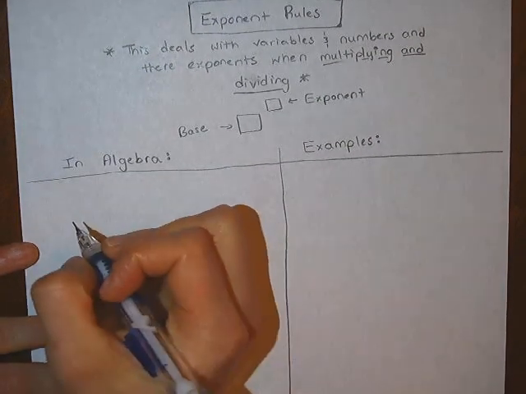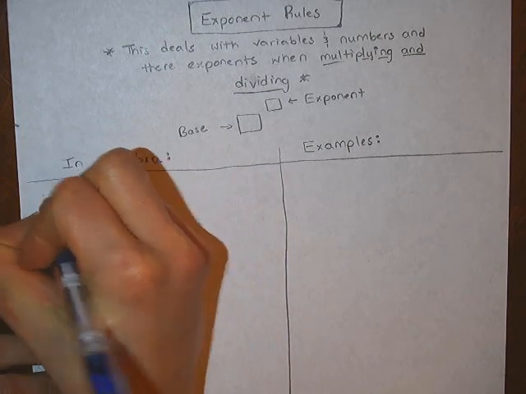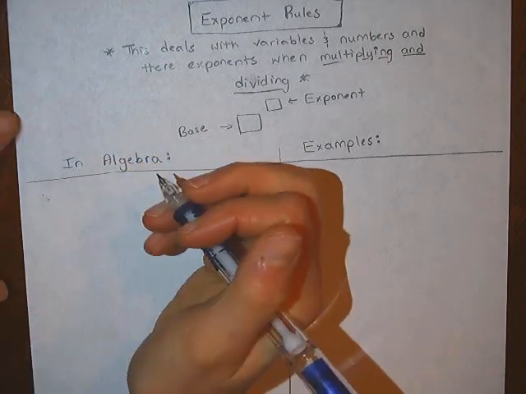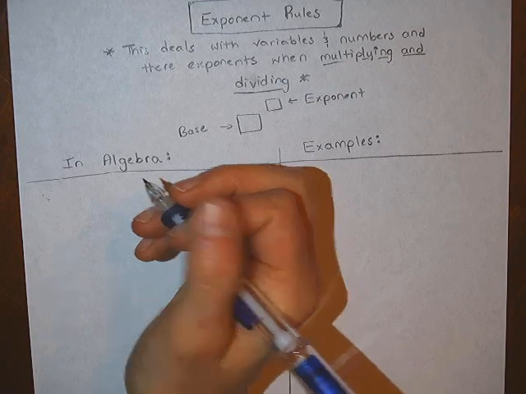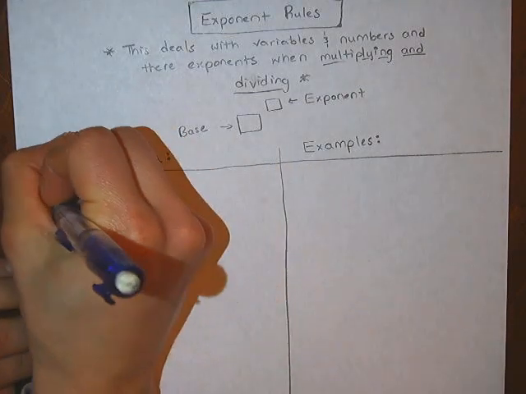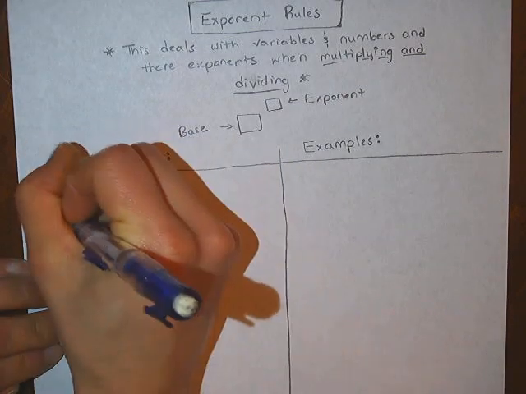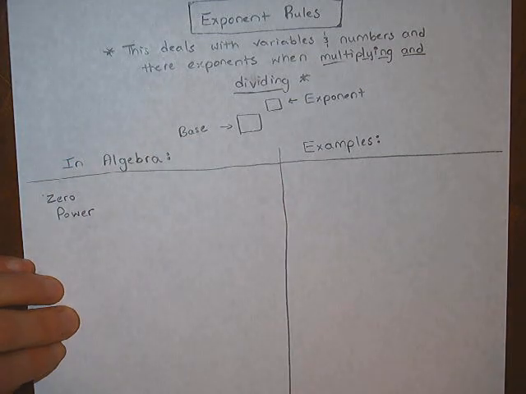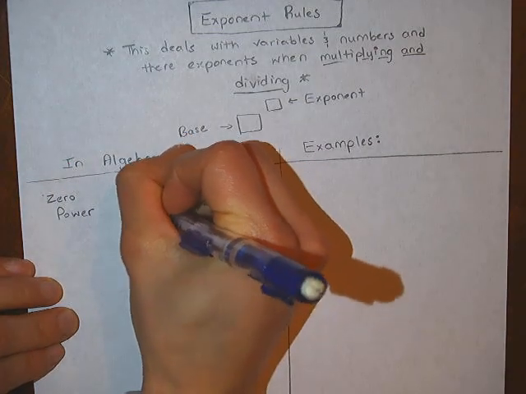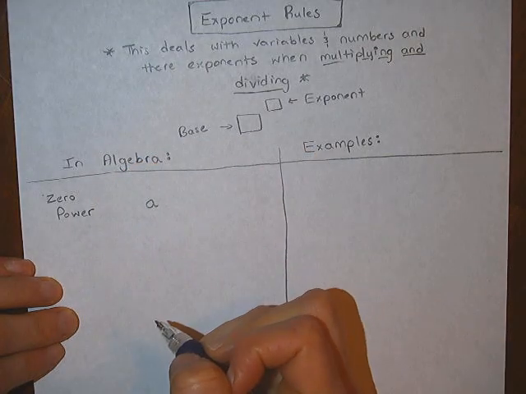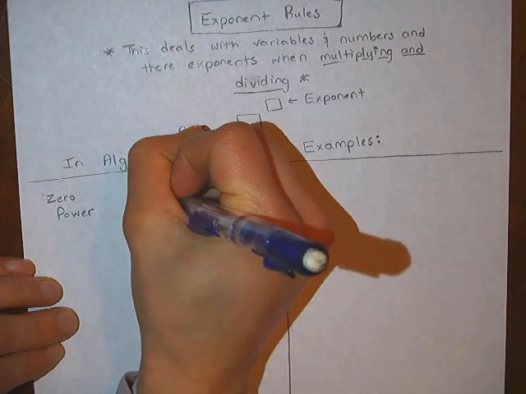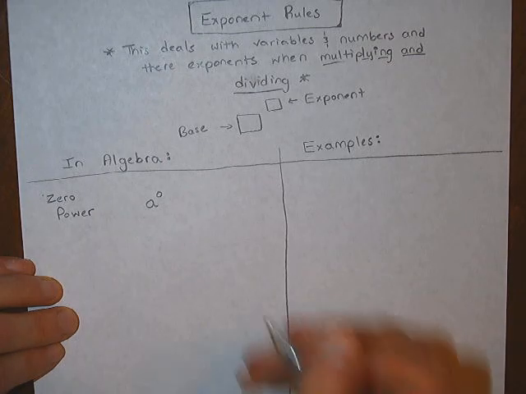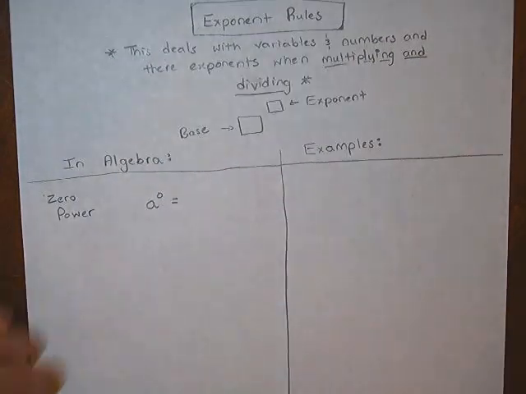So the first exponent rule that you need to know is what's called anything that has a zero power with it. So if you have a number or a variable, so I'm just going to use the letter A, and it has an exponent with a zero in it. This rule is super simple.